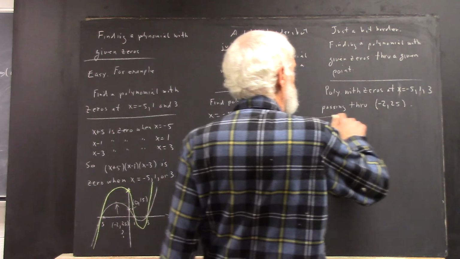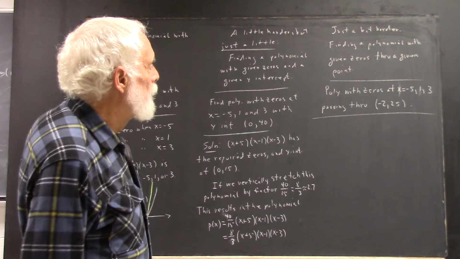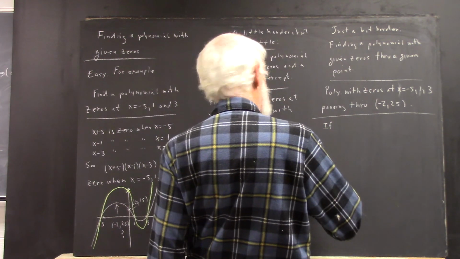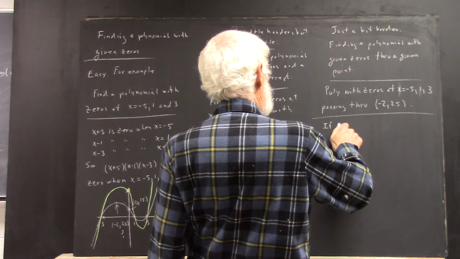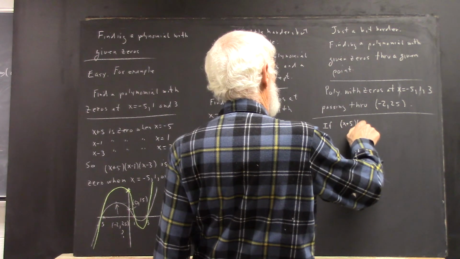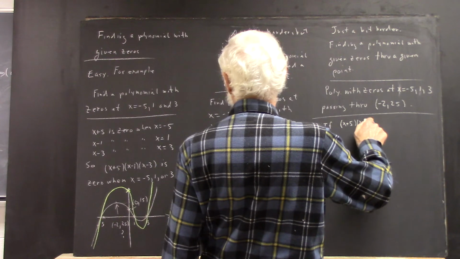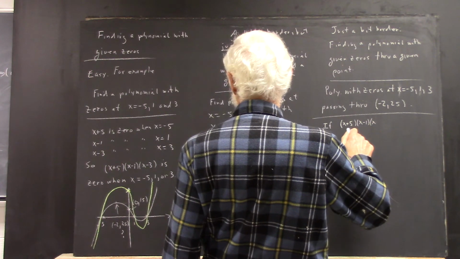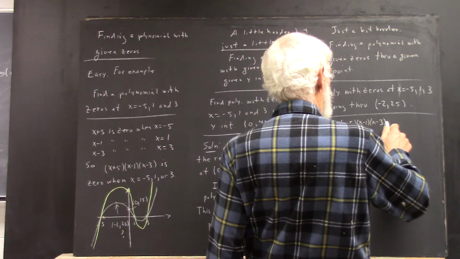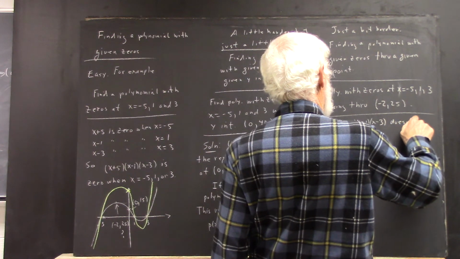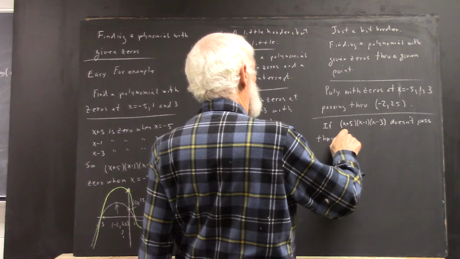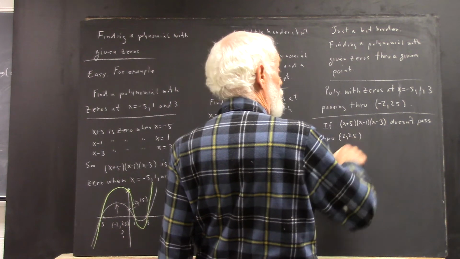Well, if x plus 5 times x minus 1 times x minus 3 doesn't pass through -2, 25.